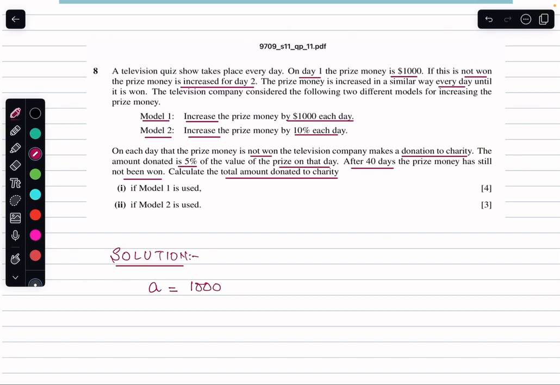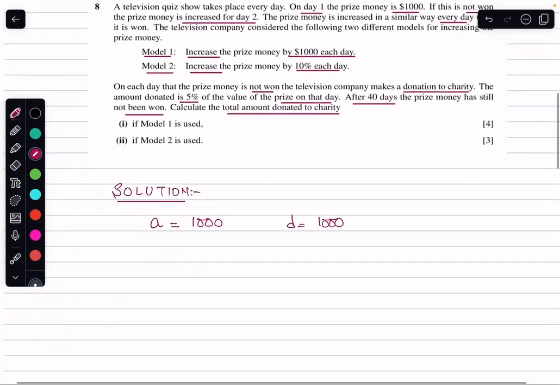Here it says increase the prize money by $1,000 each day. That means our D needs to be $1,000 here.